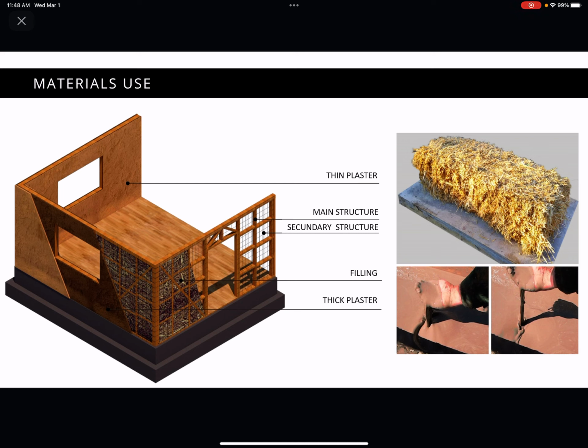Now there are newer techniques that can be used with steel. The secondary structure in this example is made of steel, but the normal thing is using bamboo. Then the filling: we can see that the filling for the partitions is made of vegetable fibers. And also we can see the thick layer of plaster that is made of mud or lime.